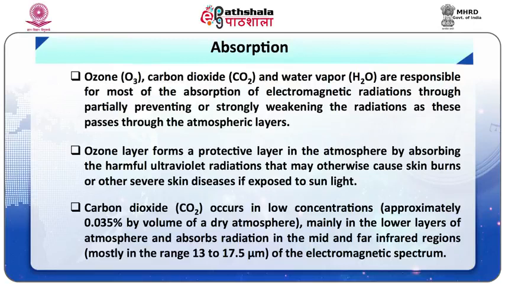There are gases, namely ozone, carbon dioxide, and water vapor, that are responsible for most of the absorption of electromagnetic radiation, through partially preventing or strongly weakening the radiation as it passes through the atmospheric layers.